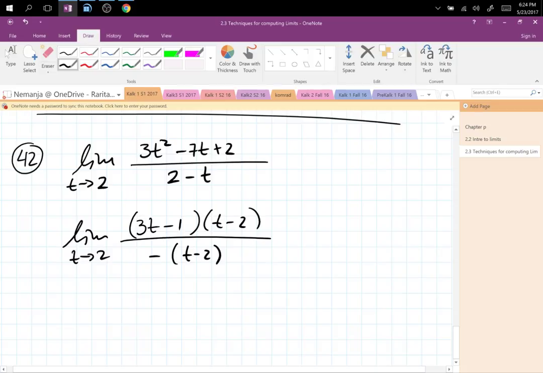Now look what I did on the denominator. I factored out the negative, and then these guys cancel. So now when you plug in 2, you get negative 5 as the answer. Green?